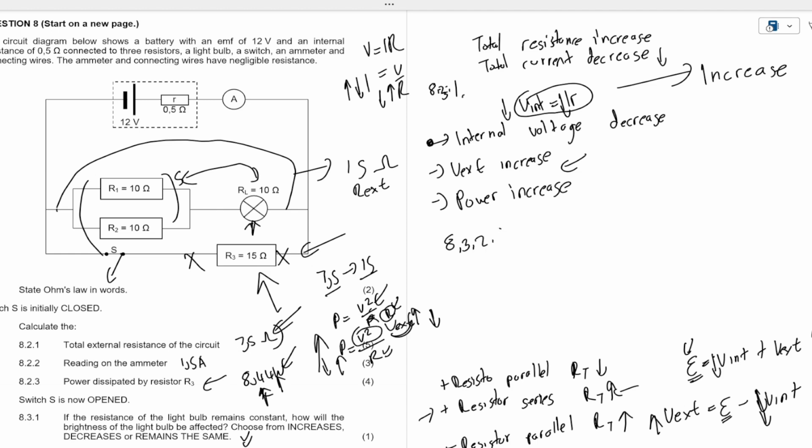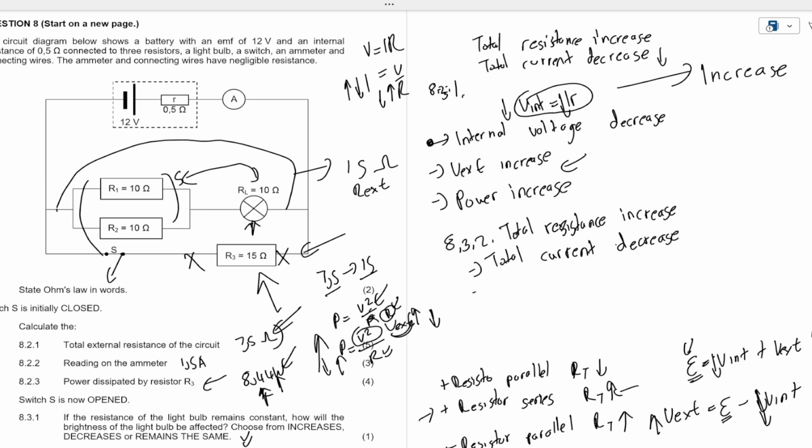The total resistance of the circuit increases. How does it increase? Because we are removing resistors in parallel. The second statement is that the total current decreases. How does it decrease? Because current is inversely proportional to resistance. When there is more resistance, there is less current.